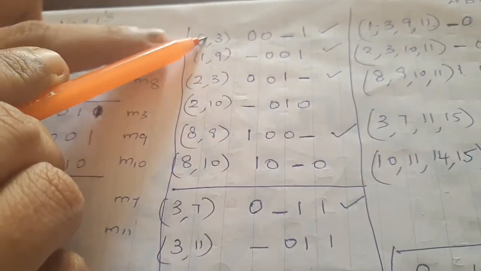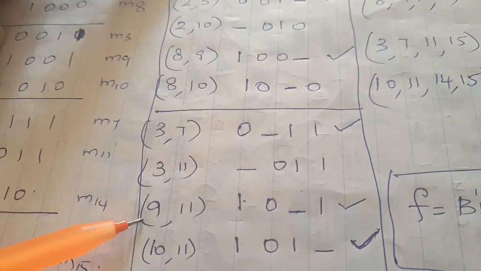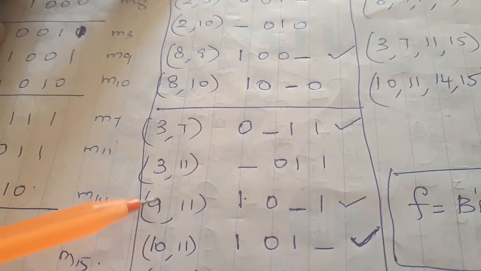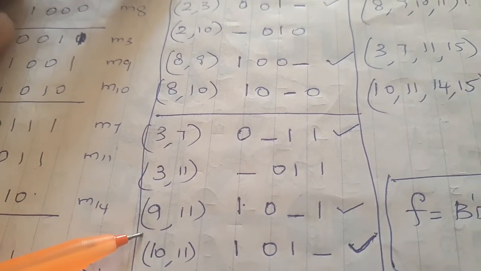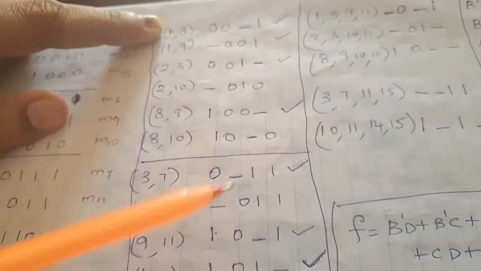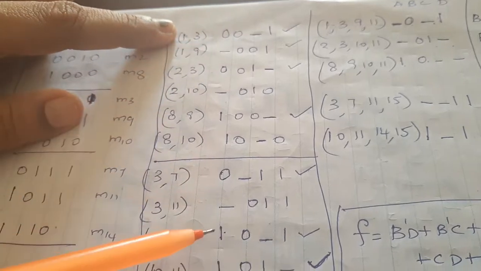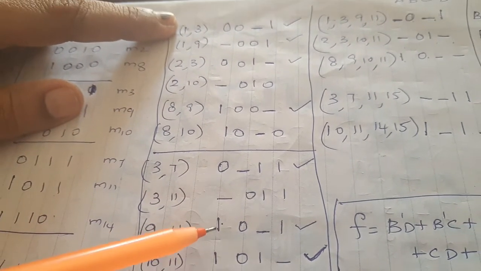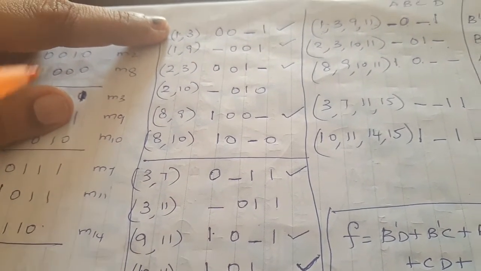So once I take 1 comma 3 and 9 comma 11, you have to compare this. 1 constant, hyphen, okay, it's fine there, 0 is there, but 0 1 is again changing. So you are going to go again to choose a prime implicant.